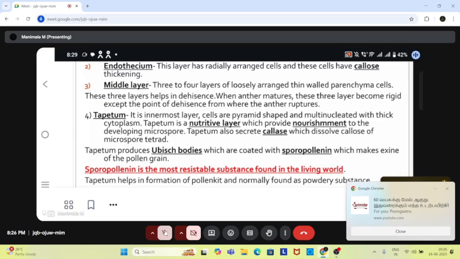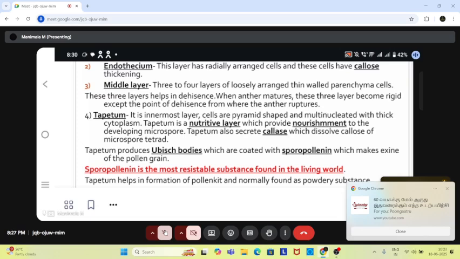That is the main function of sporopollenin. So the tapetum produces Ubisch bodies, coated by sporopollenin, which forms the wall of the pollen grains and lets them withstand different environmental conditions.